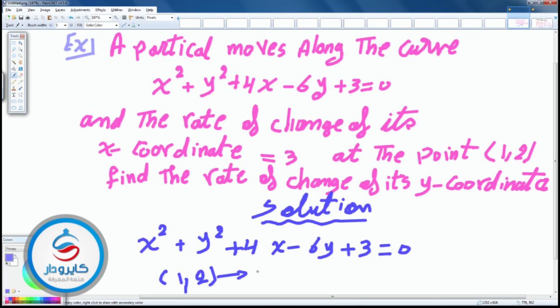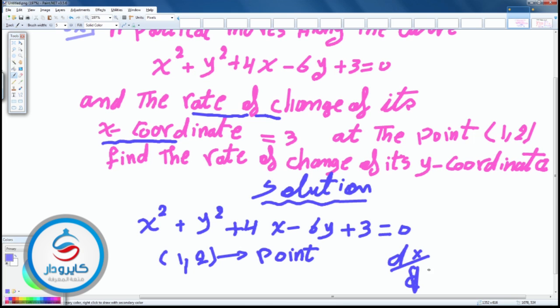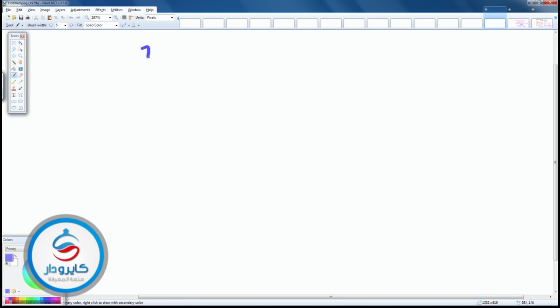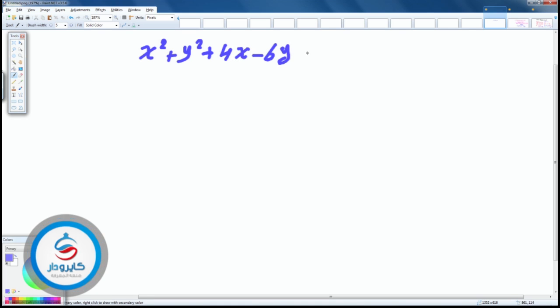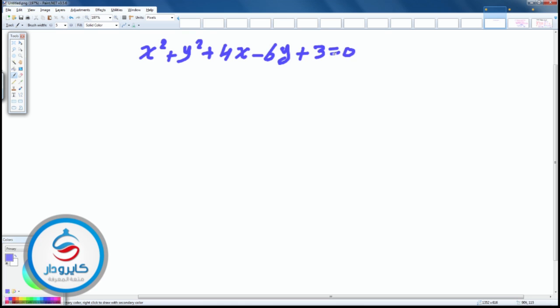This is the point, and he said that the rate of change of its x coordinate, that means dx over dt, equals 3. So we are going to solve it now. x squared again plus y squared plus 4x minus 6y plus 3 equals 0.